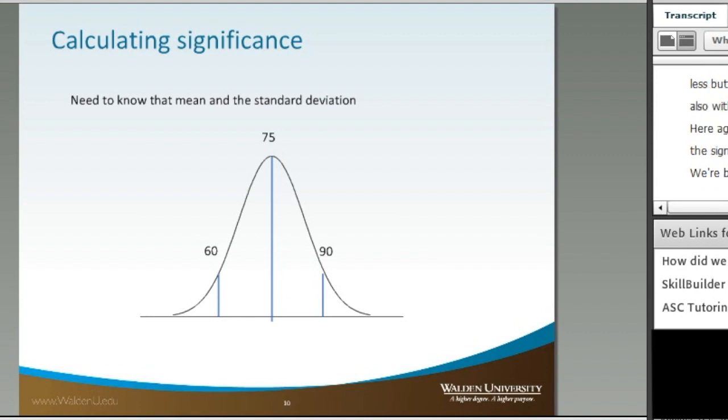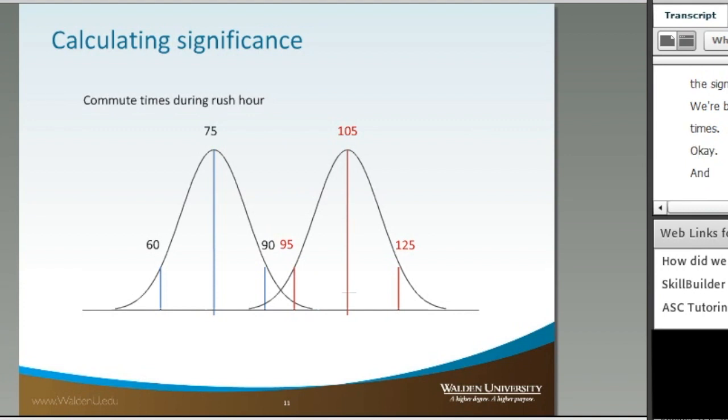And we're going to run this as an independent sample t-test, okay? So we have my normal commute time, okay, and then we have my commute time during rush hour. So the mean goes from 75 minutes up to 105 minutes.